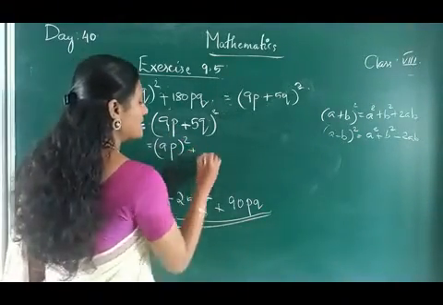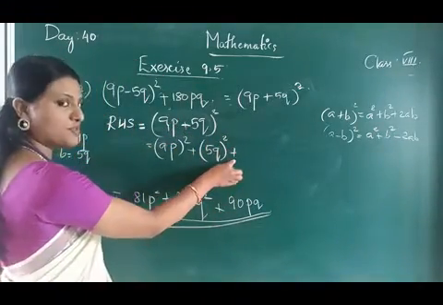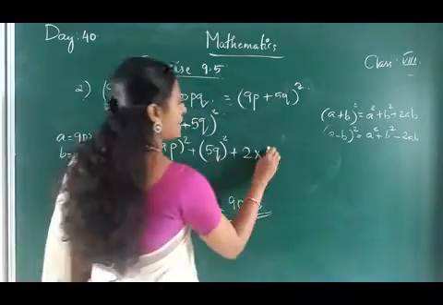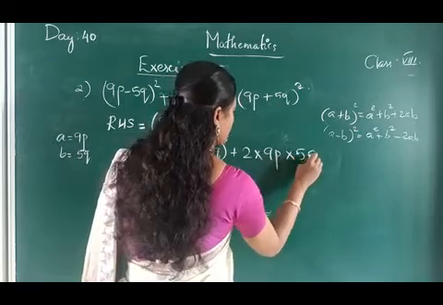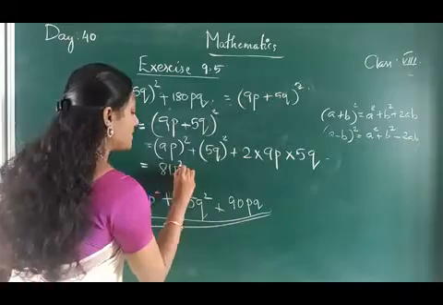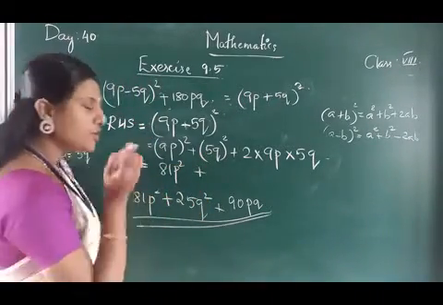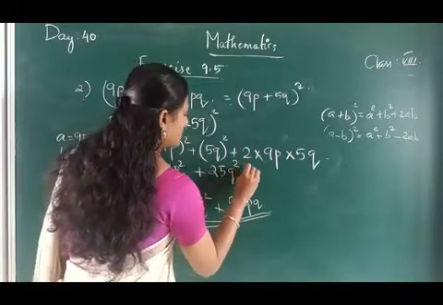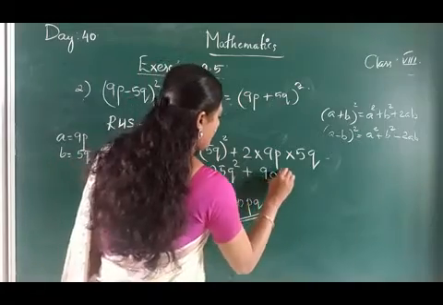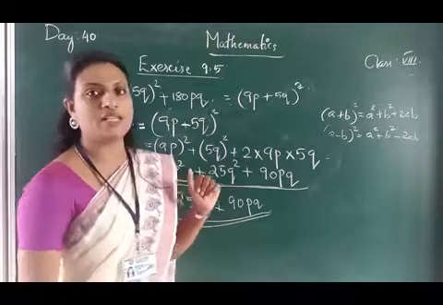So a square plus b square means 5q square plus. Since this is plus, you have to use plus here. 2 into a into b. That is 2 into 9p into 5q. That is equal to 9p square means 81p square plus 5q square is 25q square plus 2 into 9 into 5 is 90pq. No limitation. That is, this LHS is equal to RHS. Hence proof.